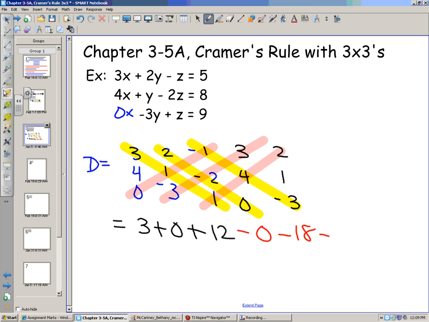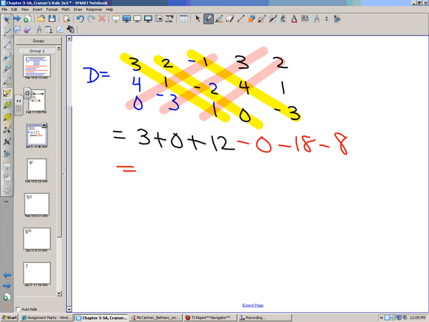Gives you 8. Now this is where you're going to grab your little calculator and you're going to work from left to right. 3 plus 12 is 15. Minus 18 gives you a negative 3. Minus 8 gives you a negative 11.